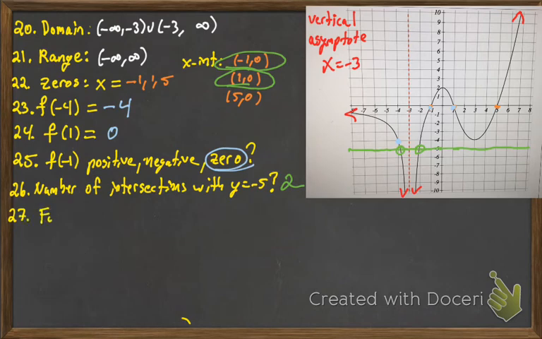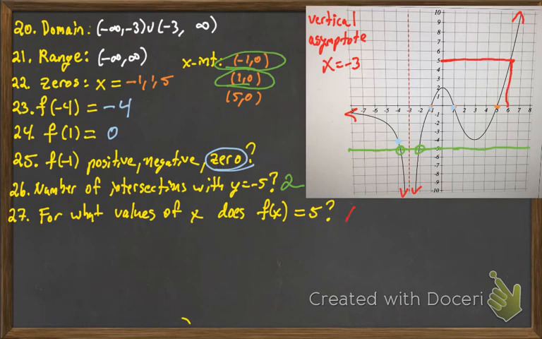For what values of x does f of x equal 5? So that is a y value, so we're going to look at where does the function get to a height of 5. That looks like at 6, when x is 6.